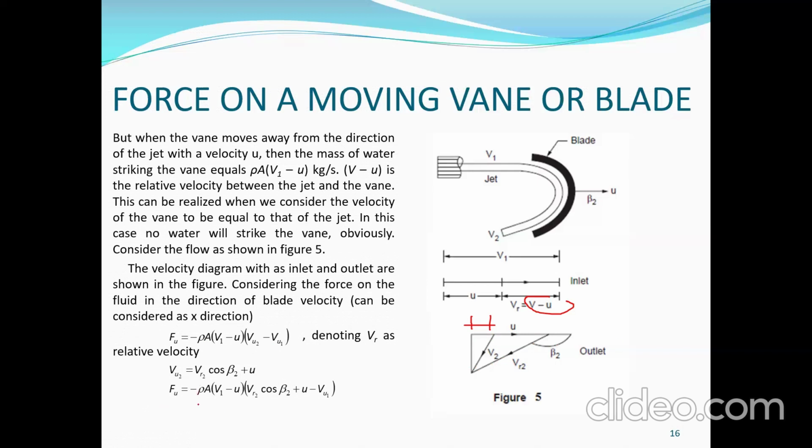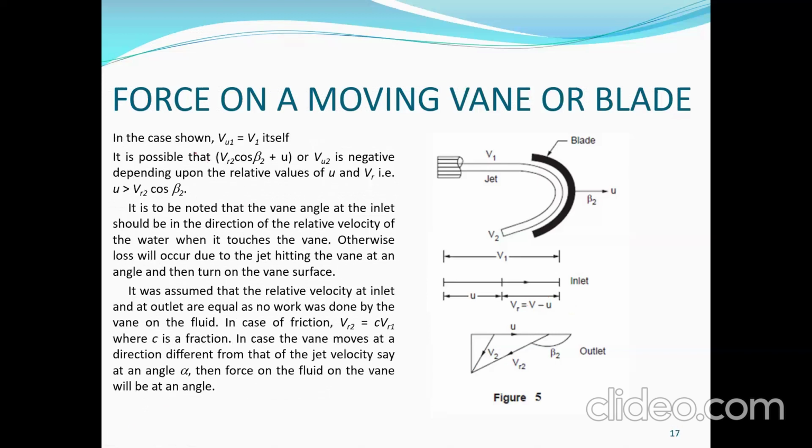So, ito, Fx is equal to negative rho A times V1 minus U times VR2 cosine beta 2 plus U minus VU1. Yan. So, in this illustration, VU1 is equal to V1. So, ibig sabihin 0 degrees yung alpha.